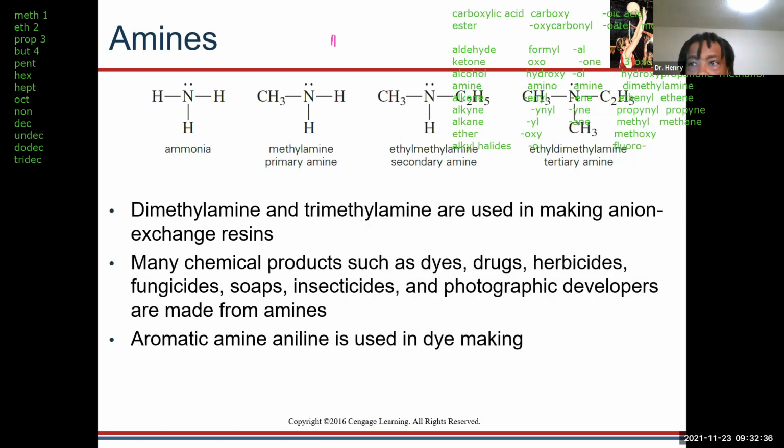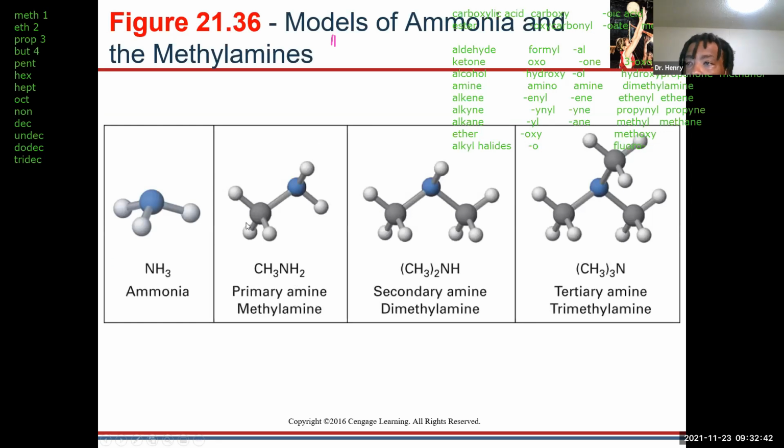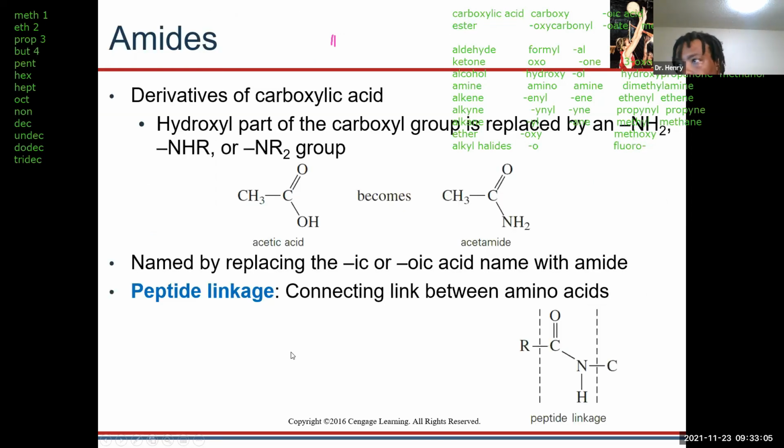These are examples of amines. So here's ammonia, we know what ammonia looks like. This is methylamine. This here is dimethylamine, so again the nitrogen has two methyl groups coming off of it. And this is trimethylamine. So a tertiary amine, a secondary amine, and a primary amine.